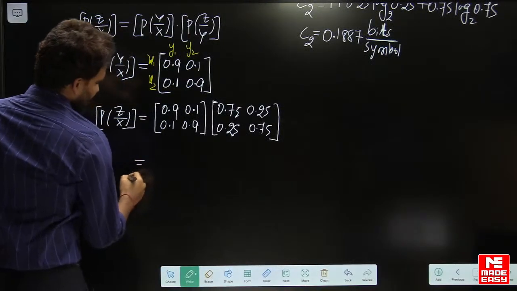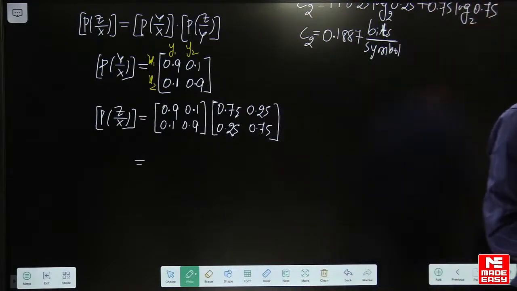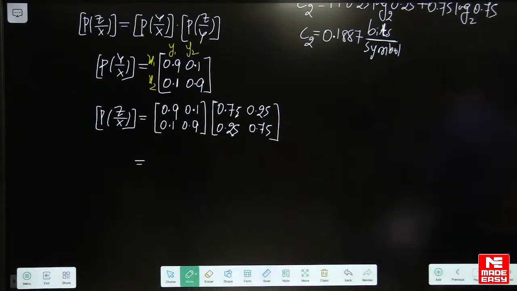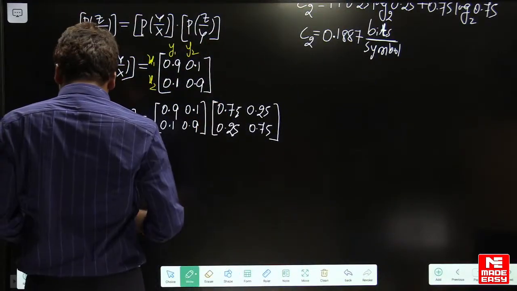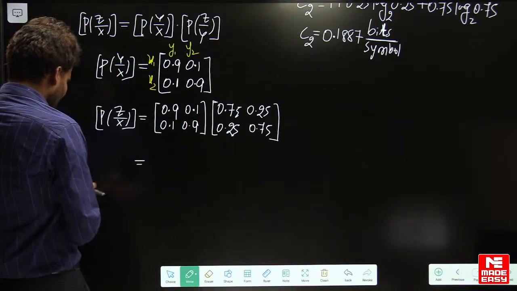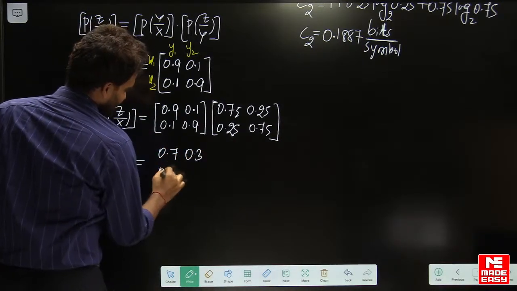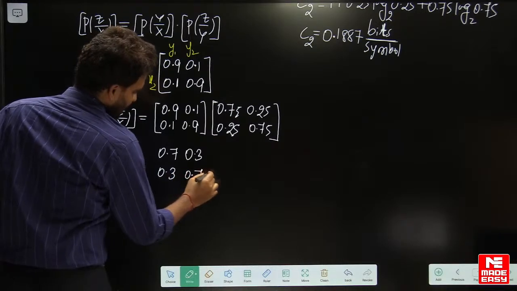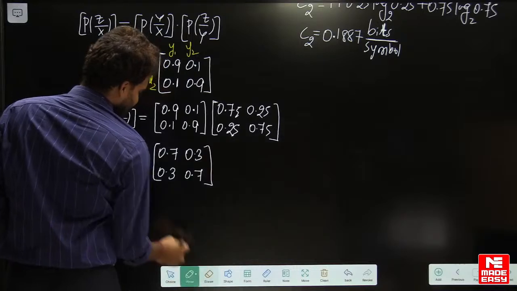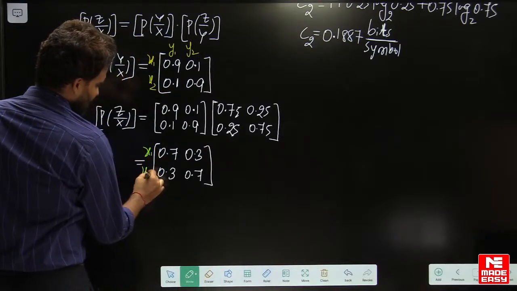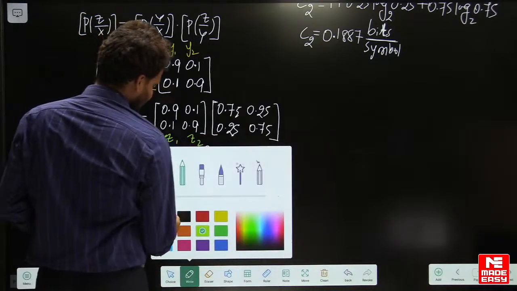Now matrix multiplication: multiply these row elements with these column elements. If you do that, you will get 0.7, 0.3, 0.3 and 0.7. You can map it like this: x1, x2 transmitted and z1, z2 received.